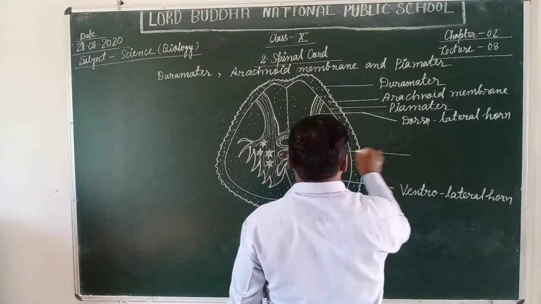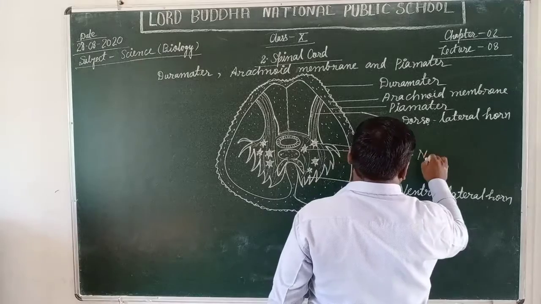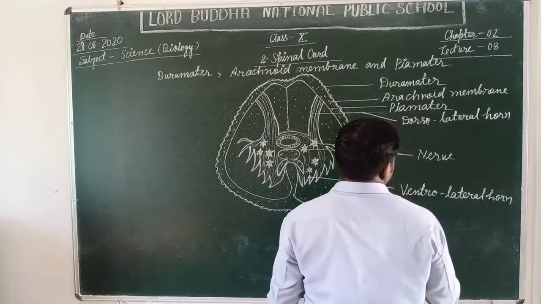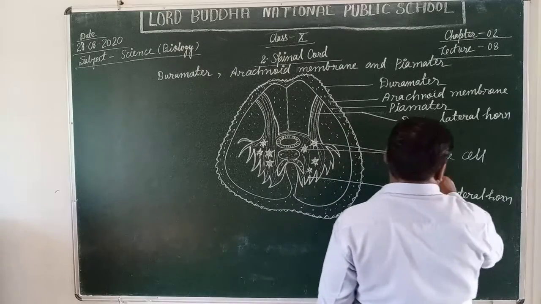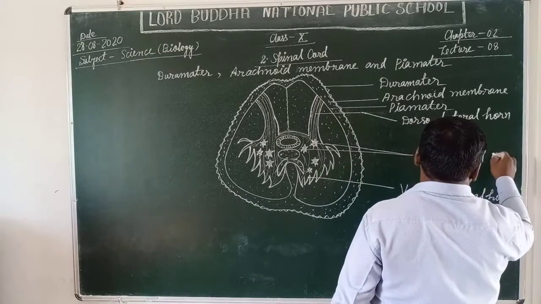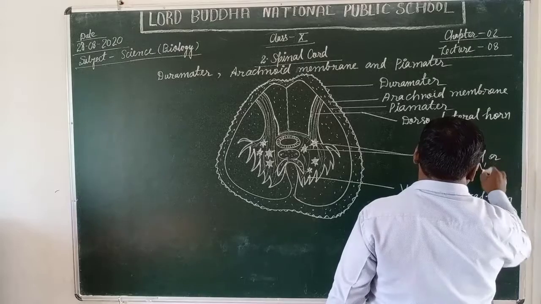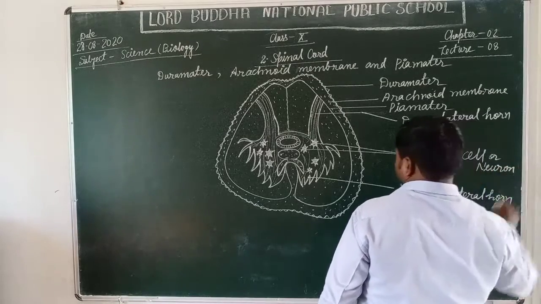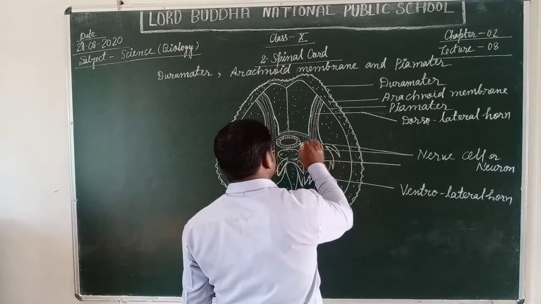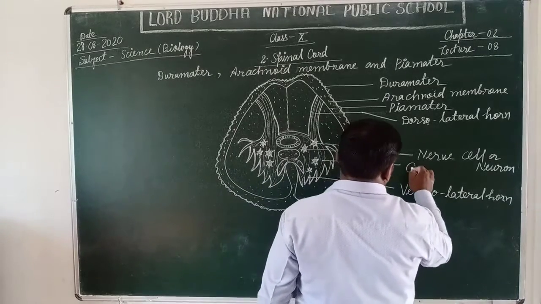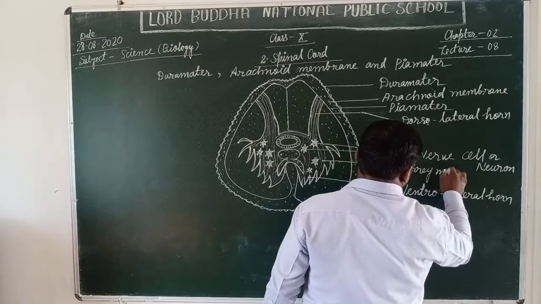And these star-like structures are the nerve cells or neurons, which are of both sensory as well as motor type. This region contains the matter that appears grey in color, that's why it is called grey matter.